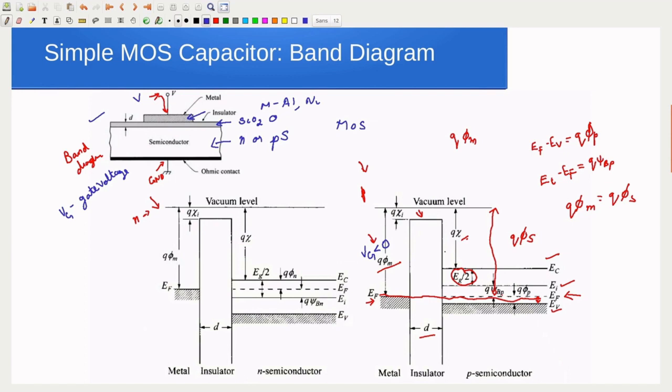What happens is that since a negative voltage is applied, holes will be attracted towards the insulator side, so that there will be an accumulation of holes at the junction between the insulator and the semiconductor.